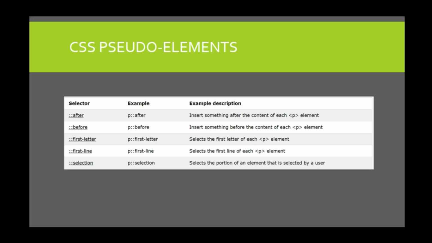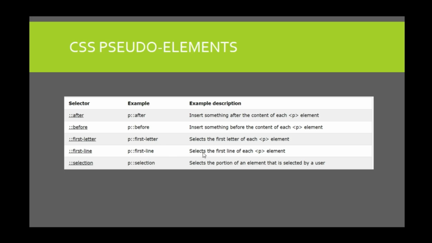Okay, and then these are the selectors that can be used for pseudo elements, for example after, before, first letter, first line, and selection. Let's say you have P, which is your selector. P after means insert something after the content of each P element inside your HTML document. P before inserts something before the content of each P element. P first letter selects the first letter of each P element.